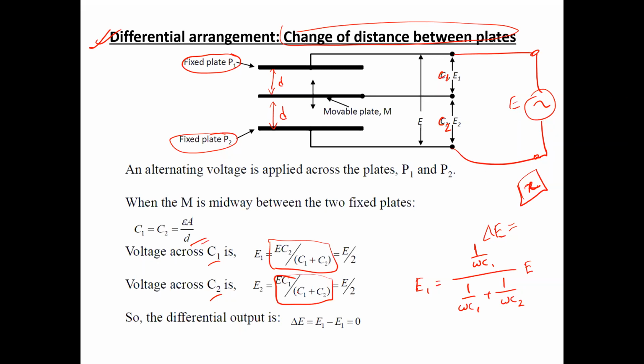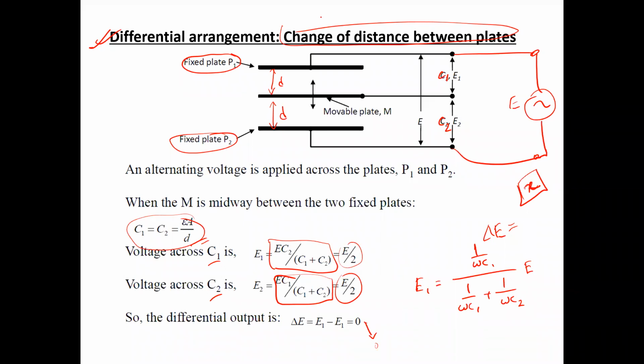Here, as we are considering both the capacitances to be equal, by cancelling the terms, we can find that the voltage will be equally divided between the two capacitors, and the differential output is going to be 0 when the movable plate is located just at the center.